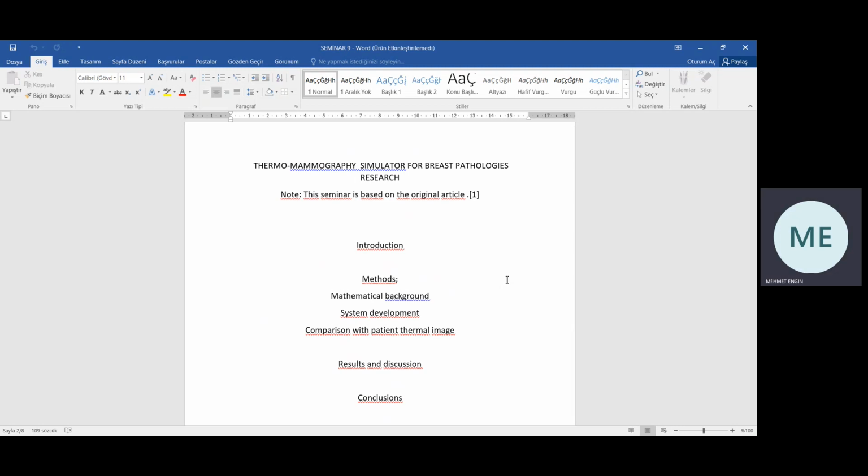It is useful for women of all ages and different conditions like pregnancy, breastfeeding, implants, dense or fibrocystic breasts, and pre or post-menopause. Even women under hormonal replacement treatment could be candidates to use thermography for pathology detection.